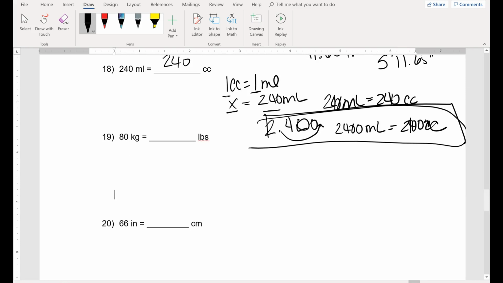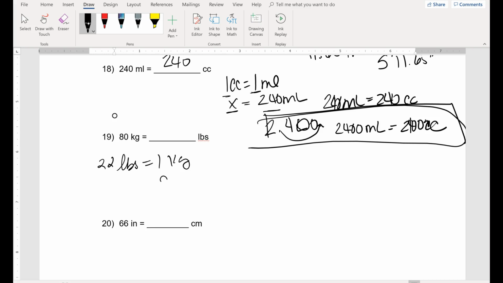Okay, so we have our 80 kilo patient. Okay, remember that how many kilos is a pound? Okay, there's 2.2 pounds in a kilo, right?